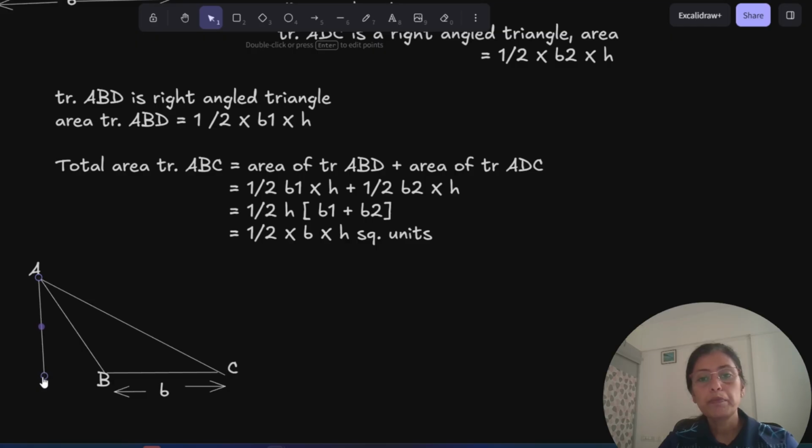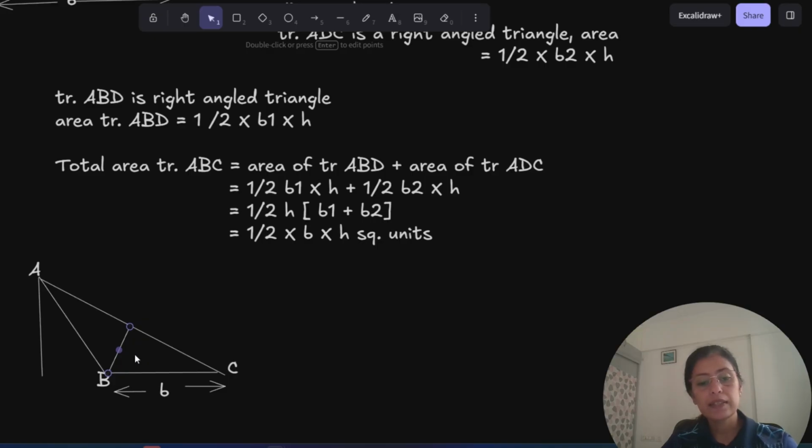Now to meet the base, because this is an obtuse angle triangle, that is why this altitude is coming outside of B. Now you can also draw, if you want, an altitude from B to AC. Okay, that is also going to give you the same.